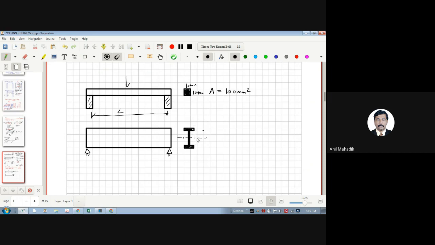Now here I am increasing this depth to, let's say, 50 mm. Okay. For easiness, and then width, say width should be 10 mm, let's say, and this thickness also 5 mm something. What I am doing, I am putting more mass away from the neutral axis here. Total area is same, let's say 100 mm square, I don't know.